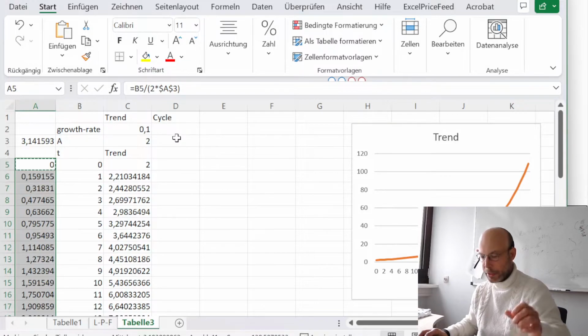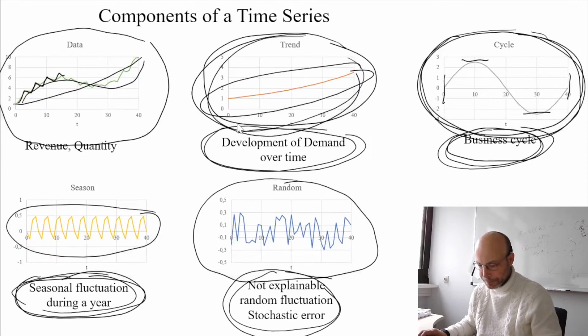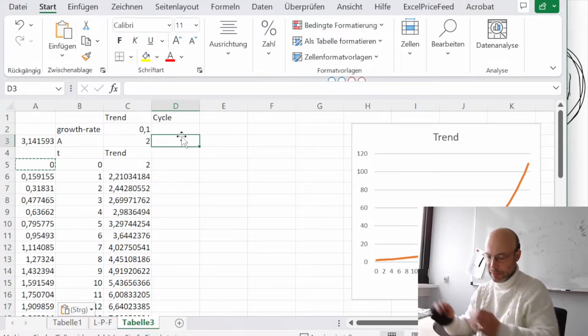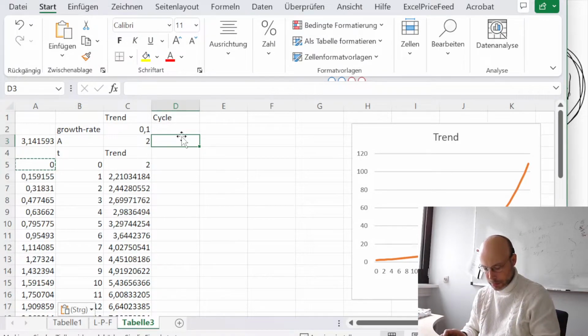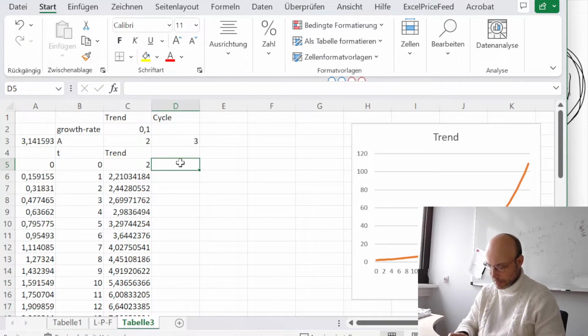And then, as we looked at this data here, we are also interested in the maxima and minima of our cycle, so we can introduce some constant in front of our cycle. Let's take, for example, a value of 3. Afterwards, we can play with these values.